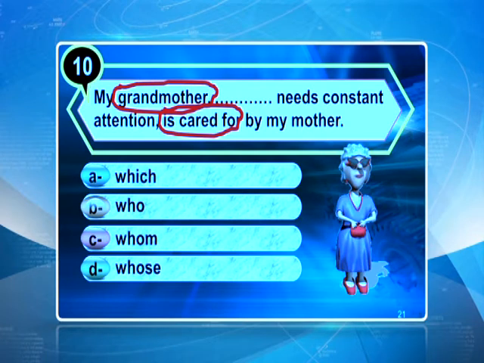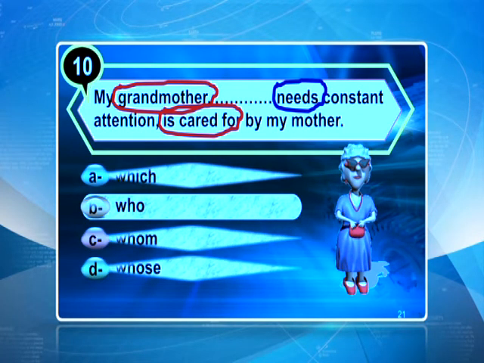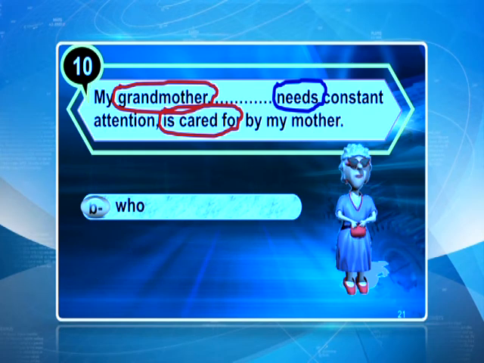And we have a dependent clause in the middle, preceded by a comma and followed by another comma, which makes it an unrestrictive relative clause. So if we go back now to the dependent clause, here we have what we call in English a finite verb. We need a word that goes back to grandmother and which is followed by a verb. And if we know that my grandmother is a human being, we have to use the relative pronoun who.